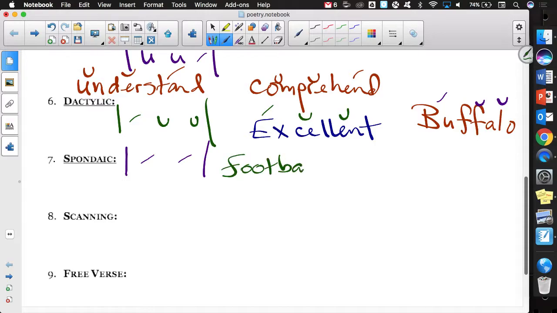The Bills in Buffalo play football. If you're not sure how much time is left in the game, all you need to do is look at the scoreboard. Game clock would work the same way. Compound words, assuming they're both one syllable, tend to end up being spondaic.